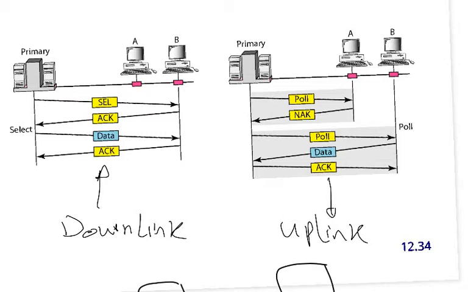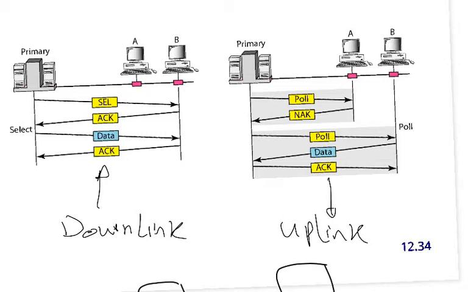So I'm selecting a node that will receive the data from me. Okay? In the uplink case, we use a signal called poll. Poll means that I ask you, do you have data to send? If you send me an ACK, then you don't have data. Otherwise, if you have data, you can send it right away.